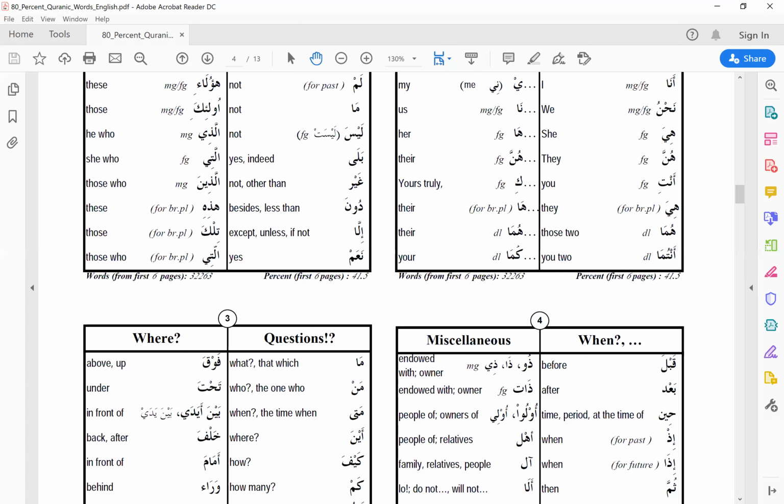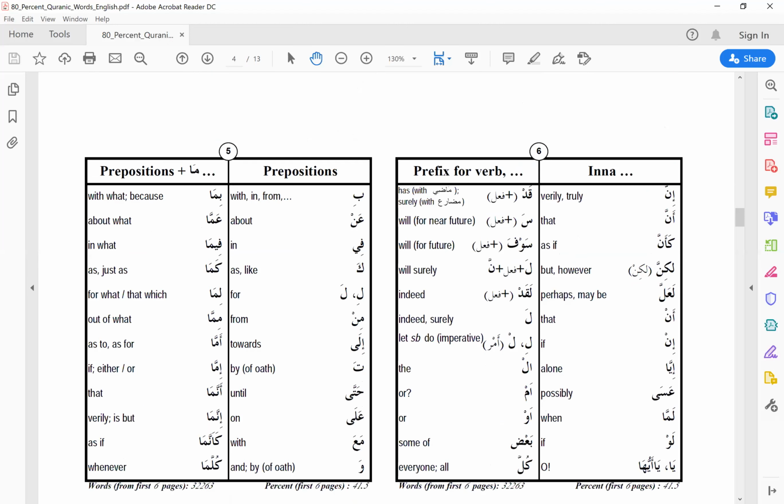Our test is going to be in boxes 1, 2, 3, 4, 5, and 6.